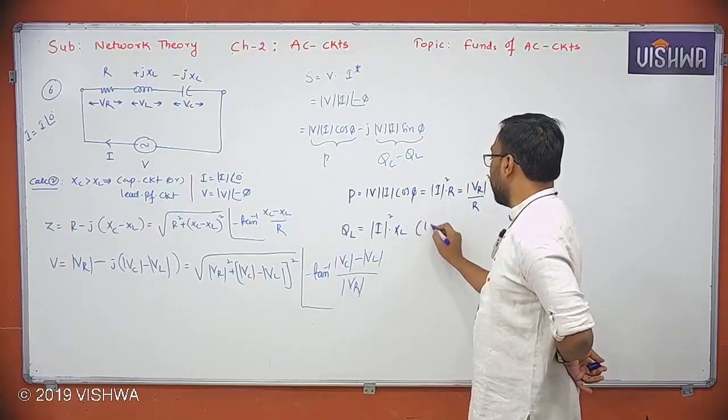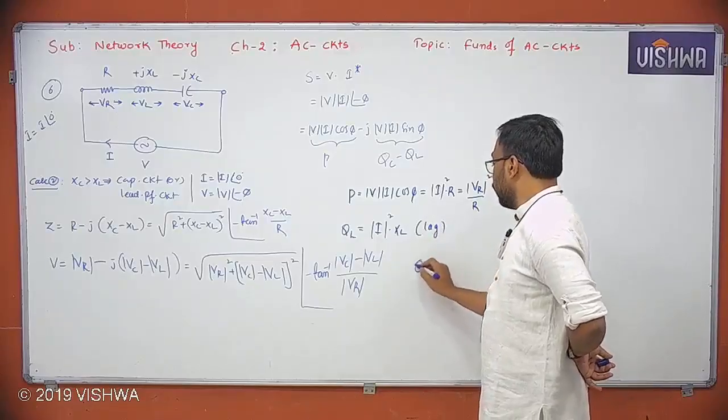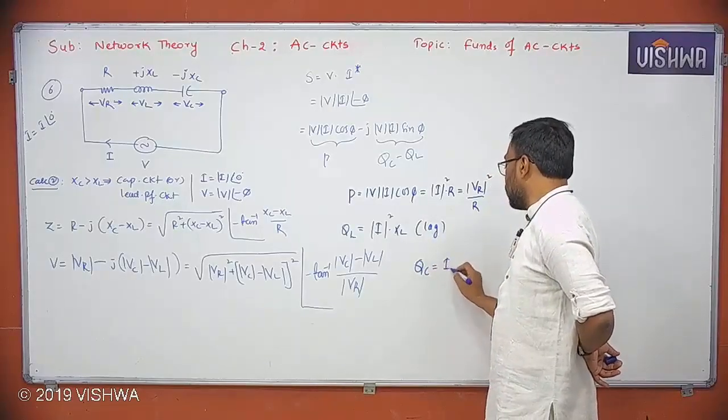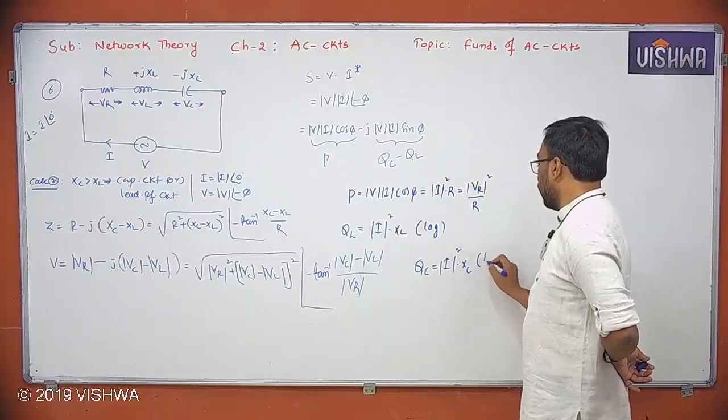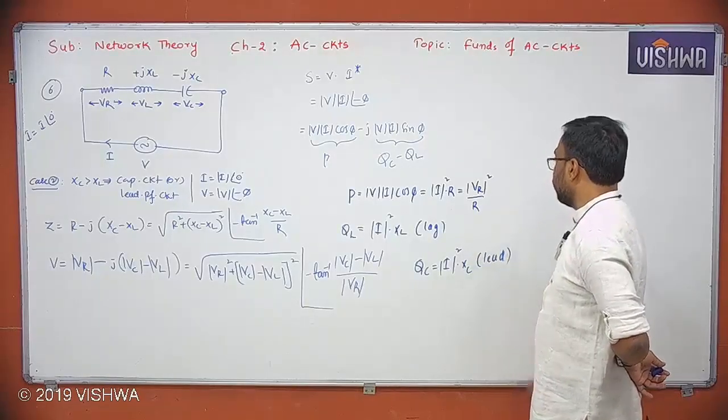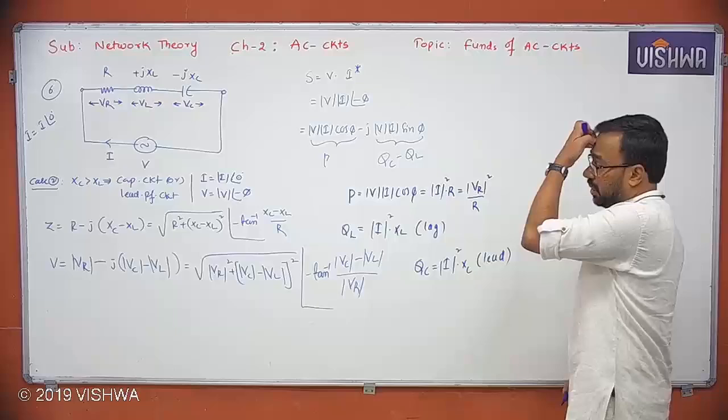This is lagging. QC, IC square XC. This is leading. Right? So like that you can write.